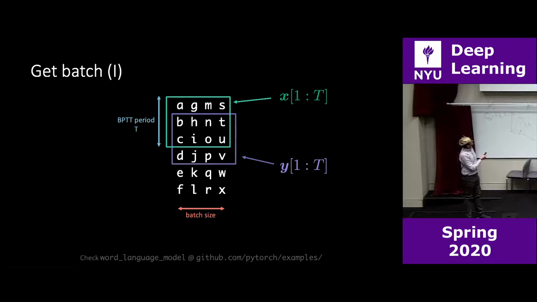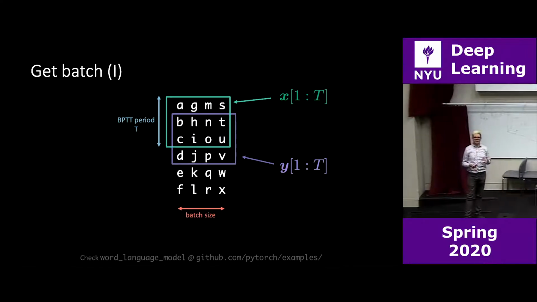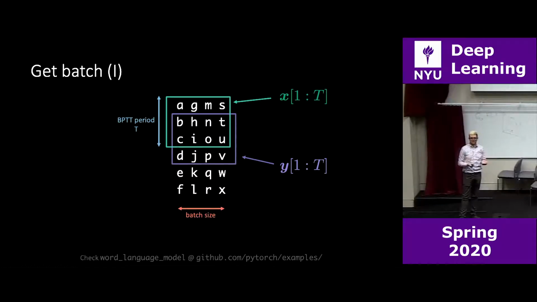So given that I have ABC, I will force my network to say D. Given that I have GHI, I will force the network to come up with J. Given MNO, I will force the network to get P, and STU, force the network to get V, right? So how can you actually make sure you understand what I'm saying? Whenever you are able to predict my next word, you're basically already knowing what I'm saying, right?